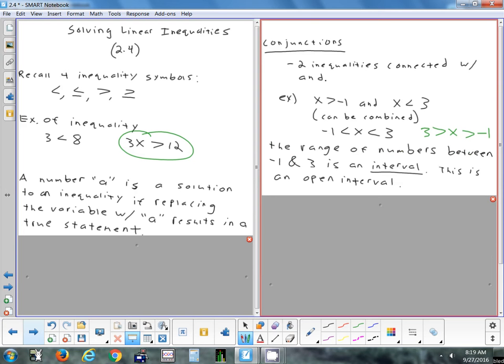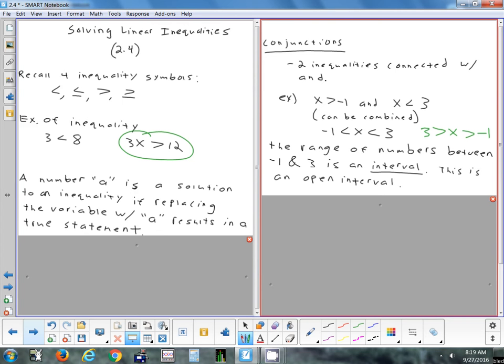On page 99, I think they go through different examples, and they show you it with numbers, and then they show you graphing it, how it would look on a number line. When we graph on a number line, we can either use open circles or closed circles, or you can use a parenthesis and a bracket.